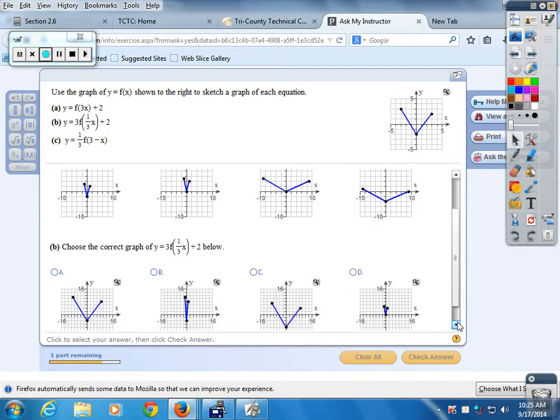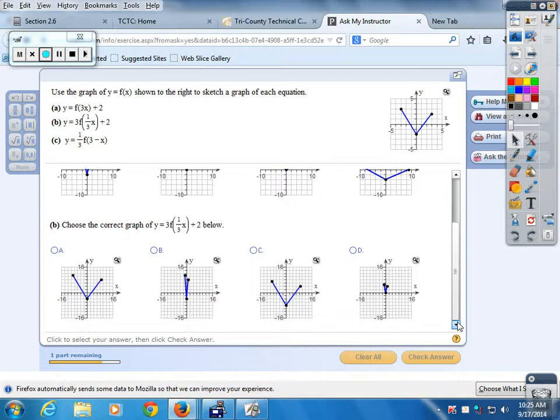All right, what would happen? Look at here. Be careful here, because you got 3 outside and 1/3 x. Be careful. And this is the function f of x. It'd be the same graph up here. Well, think about it. 3f of 1/3 x.